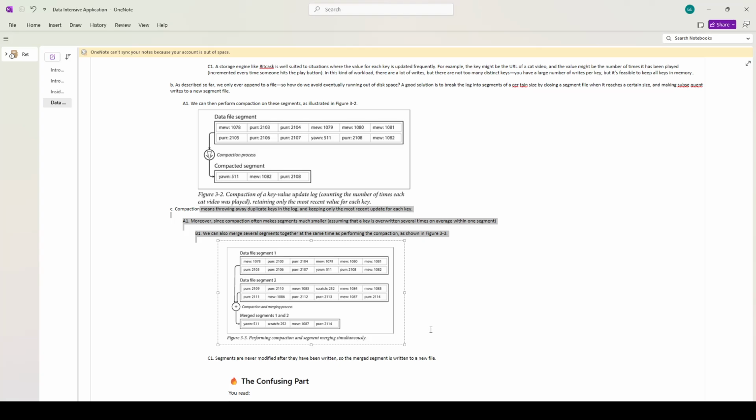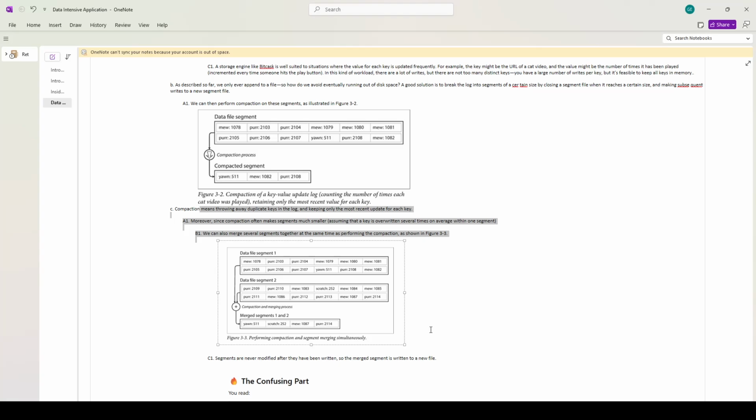Moreover, since compaction often makes segments much smaller, assuming that a key is overwritten several times on average within one segment, once you do the compaction, let's say you have 7 segments, all of the duplicates and non-recent keys will be removed, because remember, we're dealing with few keys but a lot of update data.